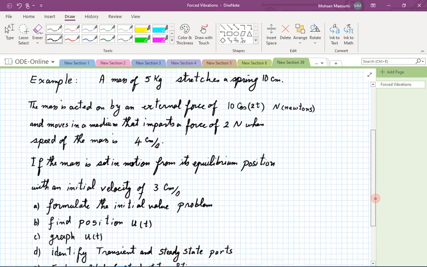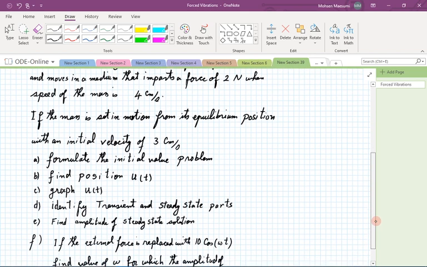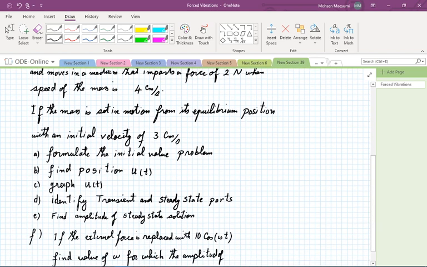Now a long list of things to be done. Formulate the initial value problem. Find the position, graph it, identify transient and steady state parts of the solution, find the amplitude of the steady state solution, and here comes the high point of the problem.